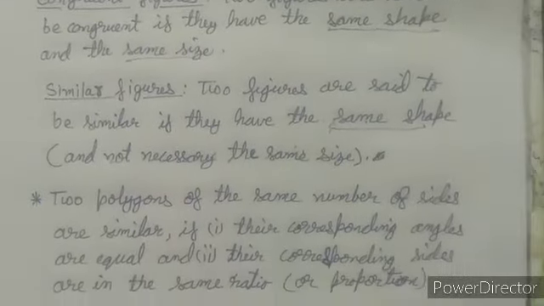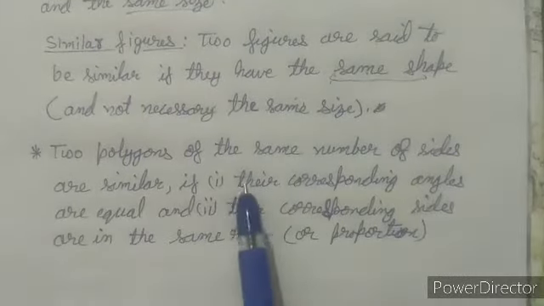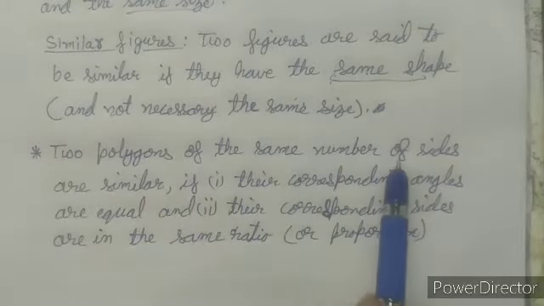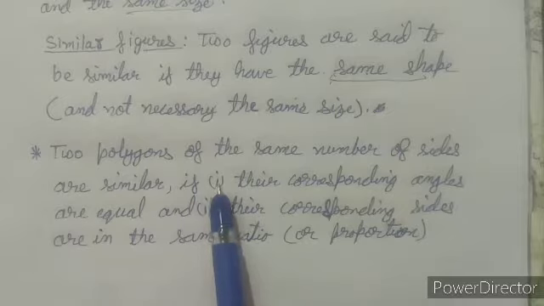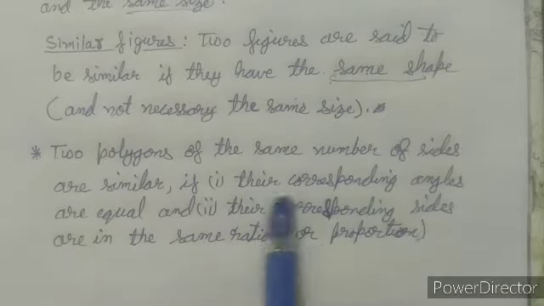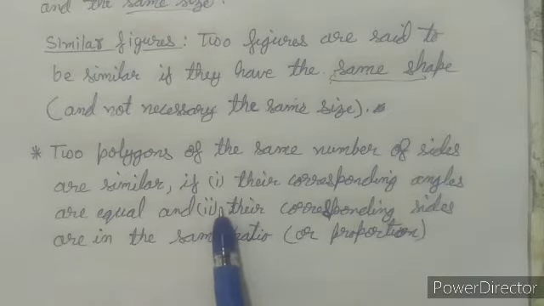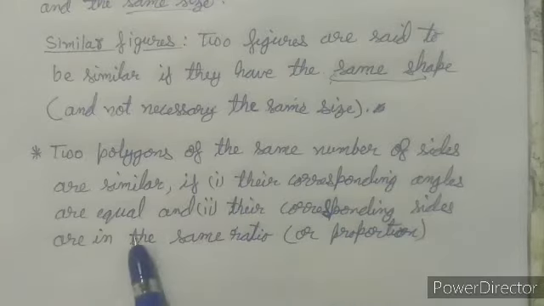Now two polygons or triangles of the same number of sides are similar if first their corresponding angles are equal and second their corresponding sides are in the same ratio or proportion.